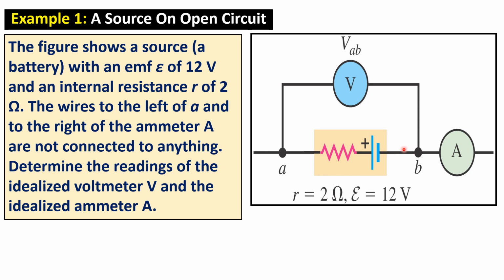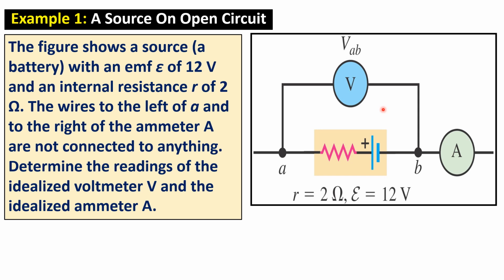The symbol for a voltmeter is a circle which has the capital letter V in it, while for an ammeter we have the capital letter A, representing an ammeter, and V stands for voltmeter.